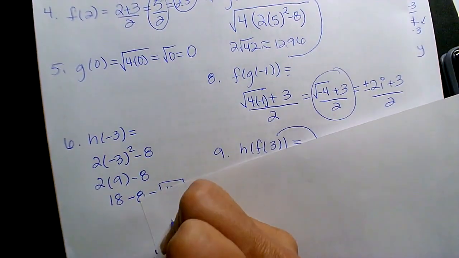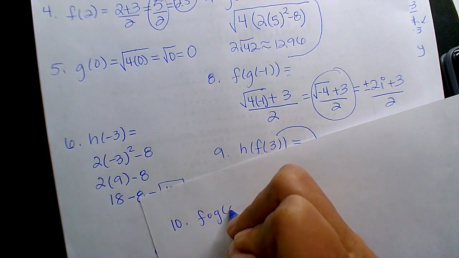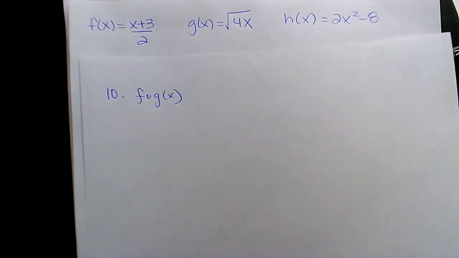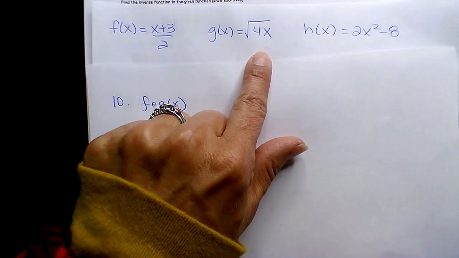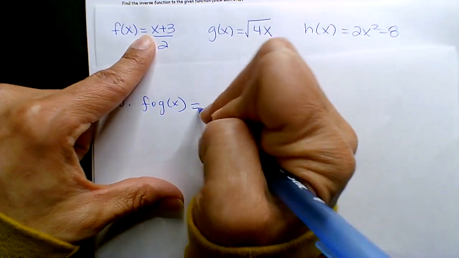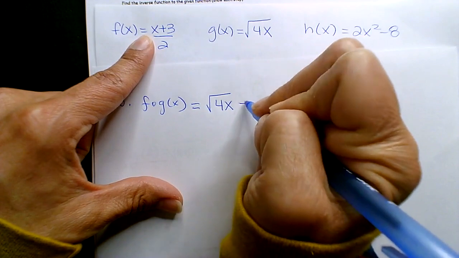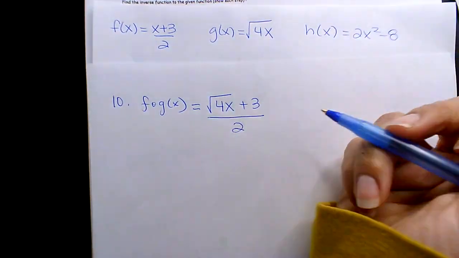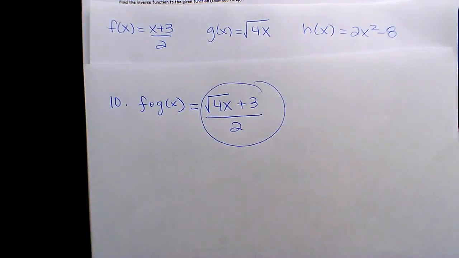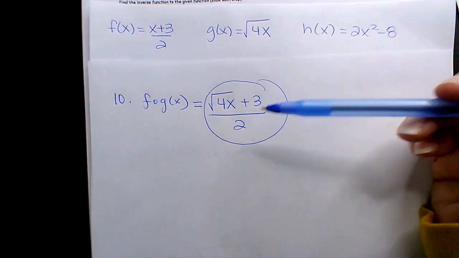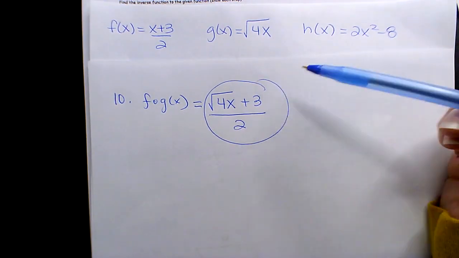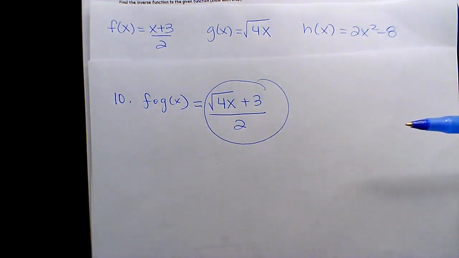Number 10, f of g of x, just so we can actually see the functions. G is getting put into x, and so it's 4x plus 3 all over 2. And that's it. You can't do anything else. Your denominator is an integer, it's positive, you can't do much. This is it.